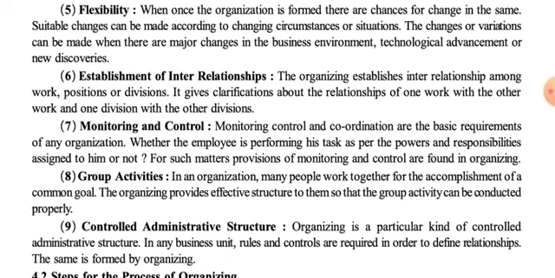Whether the employee is performing his task as per the powers and responsibility assigned to him or not. It means the employees are constantly monitored by other employees or supervisors, who see whether the employee is performing his task as per the powers and responsibilities assigned to him or not. And for such matters, provisions of monitoring and control are found in organizing.